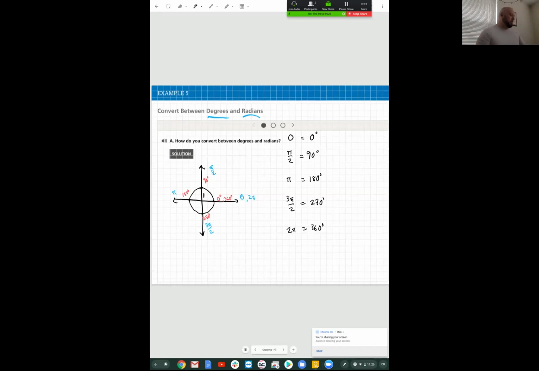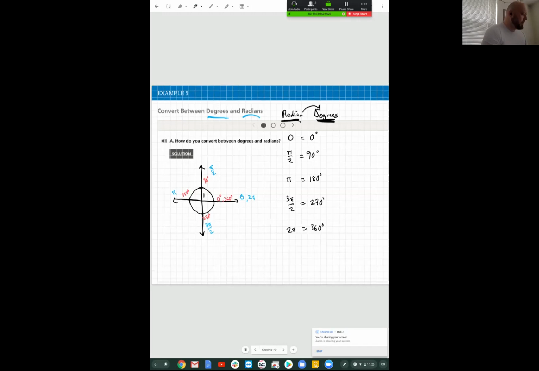So converting between these involves a unit conversion, because on the left side we have our measurements in radians, and on the right side we have our measurements in degrees. When you convert from radians to degrees, you can see that the pi is going away every time, and that we're coming up with some number.